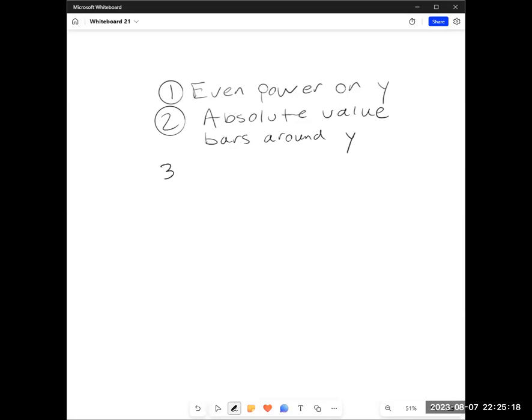And the last thing would be if I have y equals plus or minus some expression that's a function of x over here.